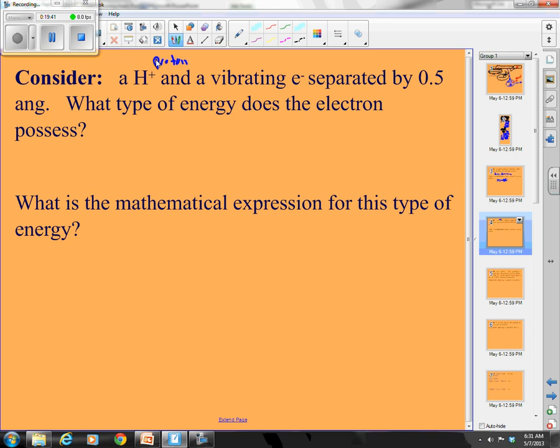Well, this is a little tricky. We've really got two types of energy. I have a vibration and I have a positive and a negative, right? If it's vibrating, that means it has motion, which means I have kinetic energy. But since I have a positive and a negative, I also have electrostatic potential energy. So I have two types of energy in this system. That happens all the time. We rarely have only one type of energy. It's usually all kinds of types.